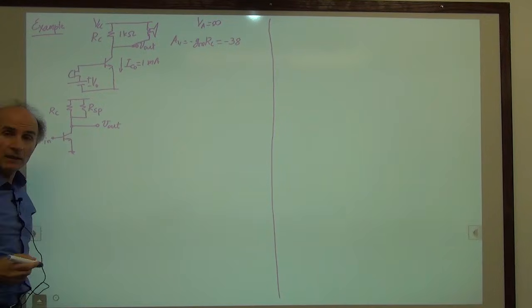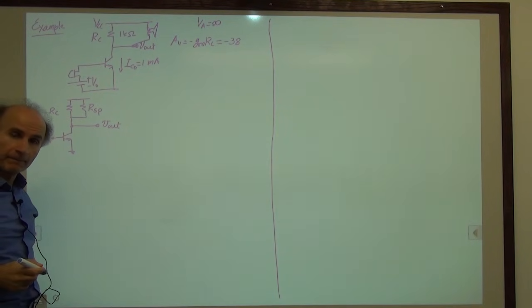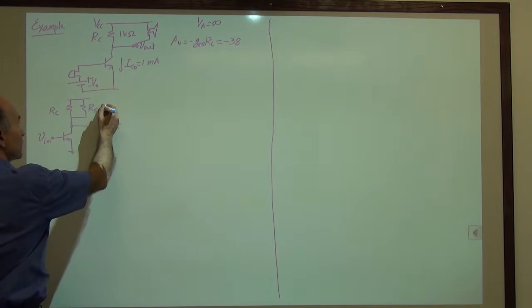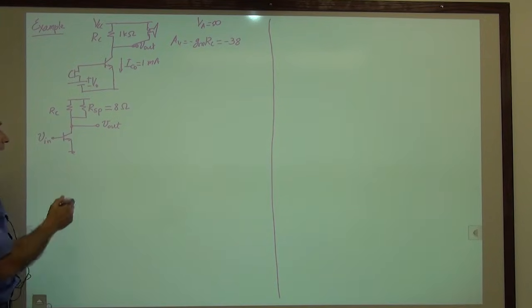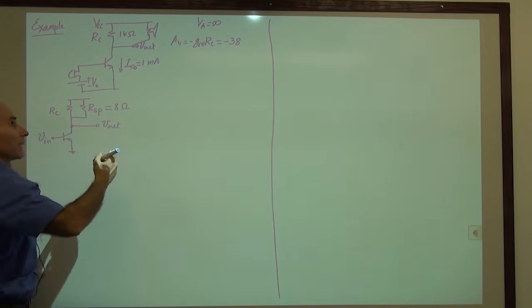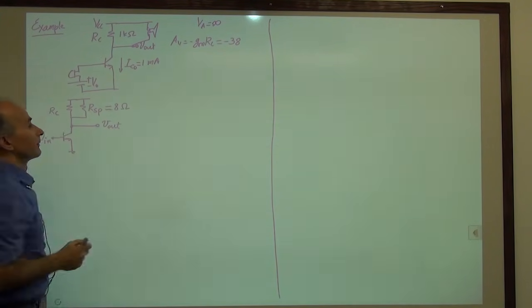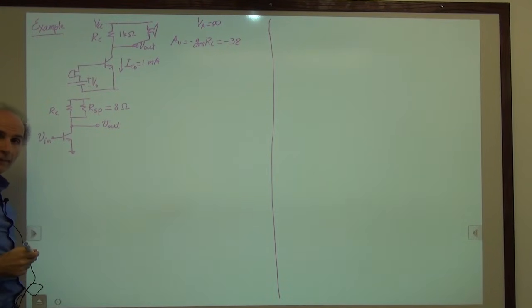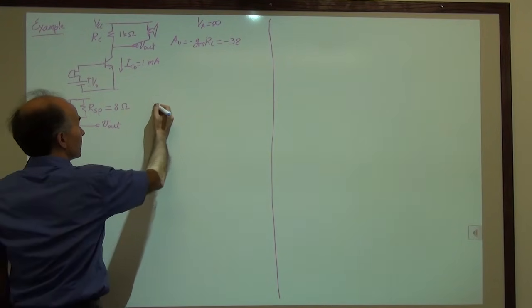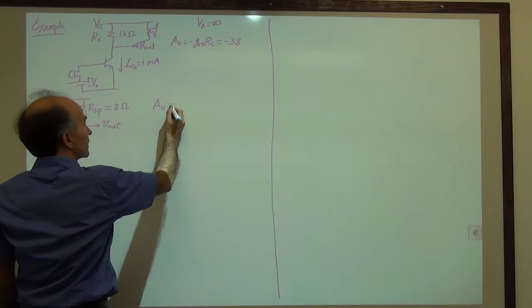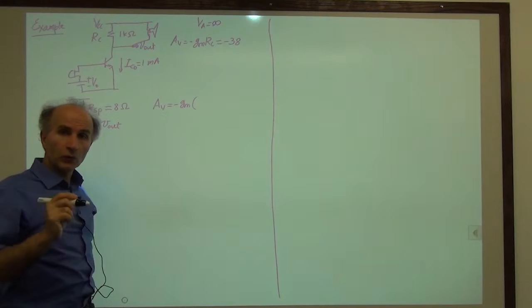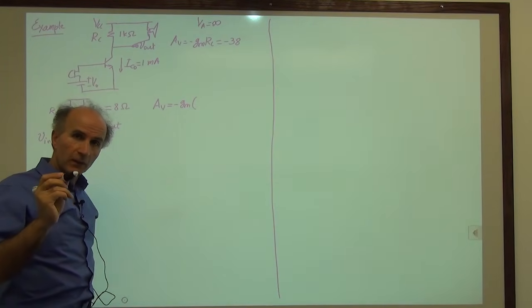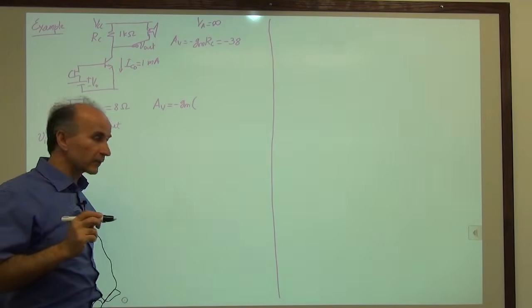And we would like to see how much gain we have. All right. And let's say the speaker resistance is 8 ohms. And we still have a collector current of 1 milliamp for bias condition. How much gain do we have? All right, well, we'll just write it as before. We say AV is equal to minus GM times the total resistance tied between the collector and AC ground.